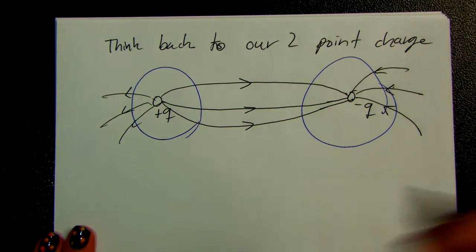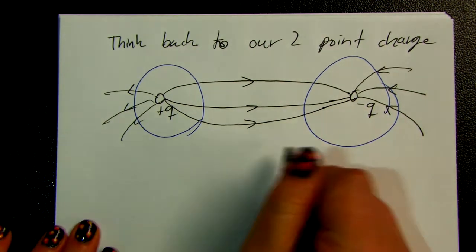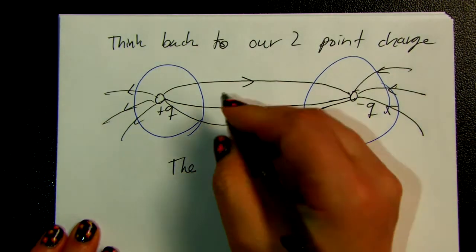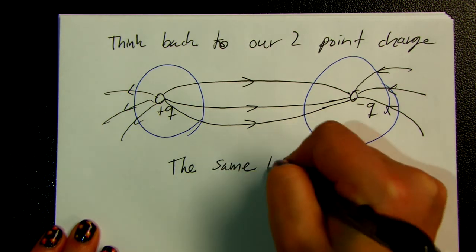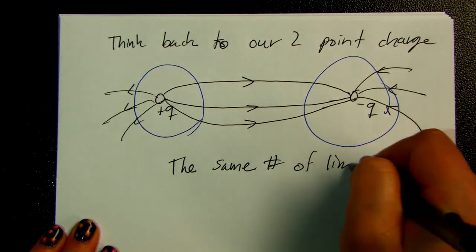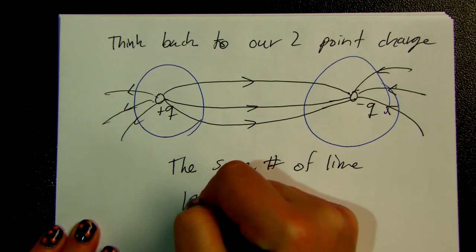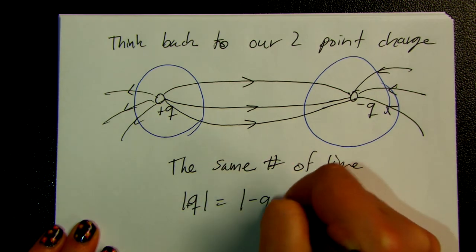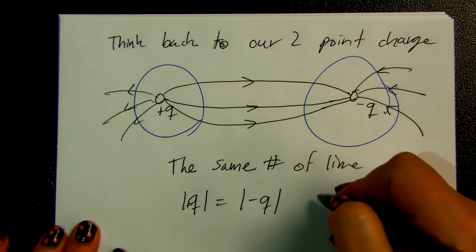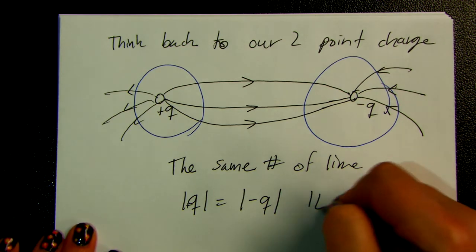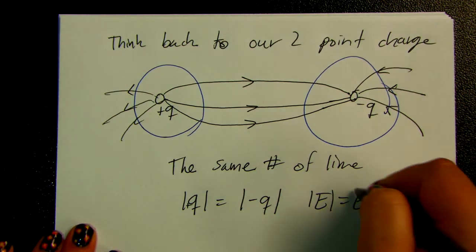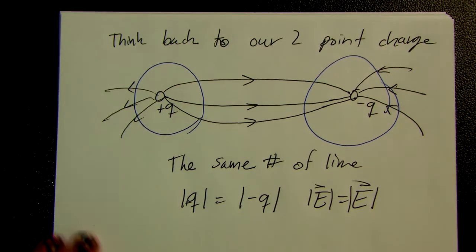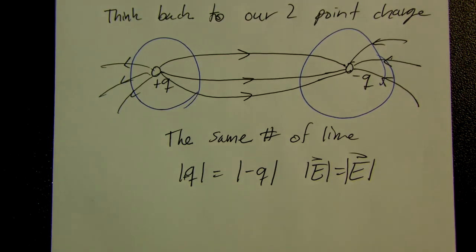All right, for both of these, we have the same number of lines. Makes sense, as the magnitude of plus Q is equal to the magnitude of minus Q, for the same distance, of course.